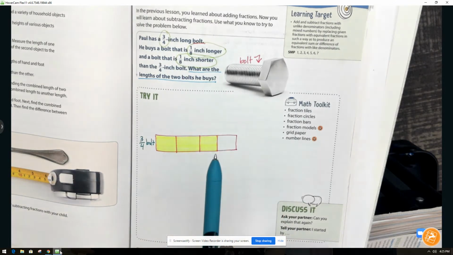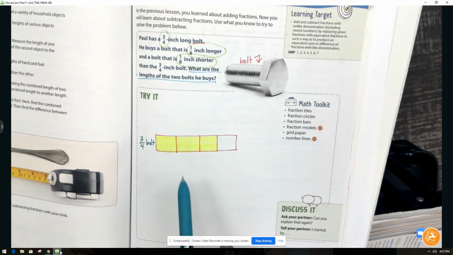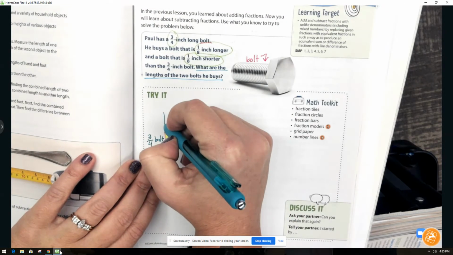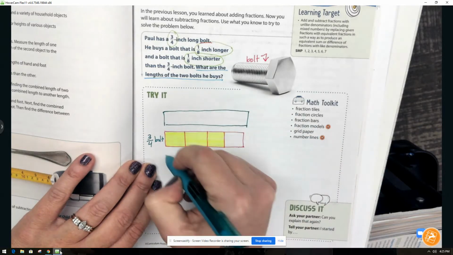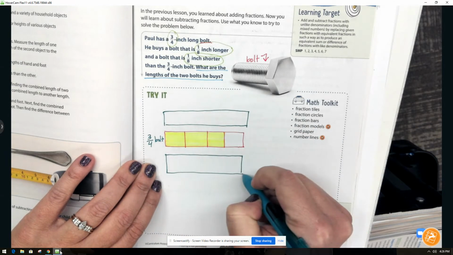But if I'm trying to compare and I want to draw the bolt, I'm going to draw a bolt that's going to be longer, and then I'm going to draw a bolt that's going to be shorter.